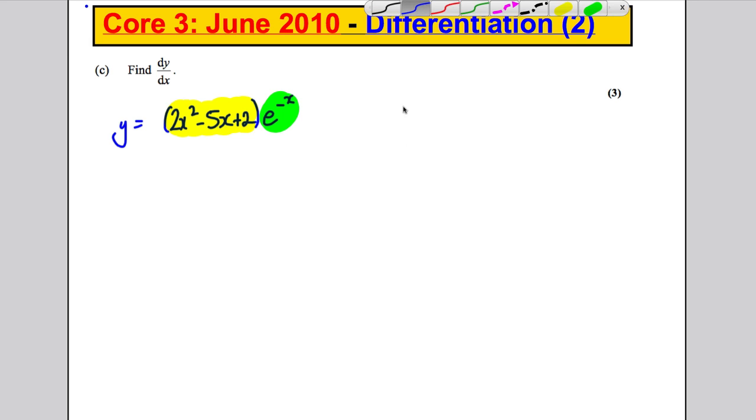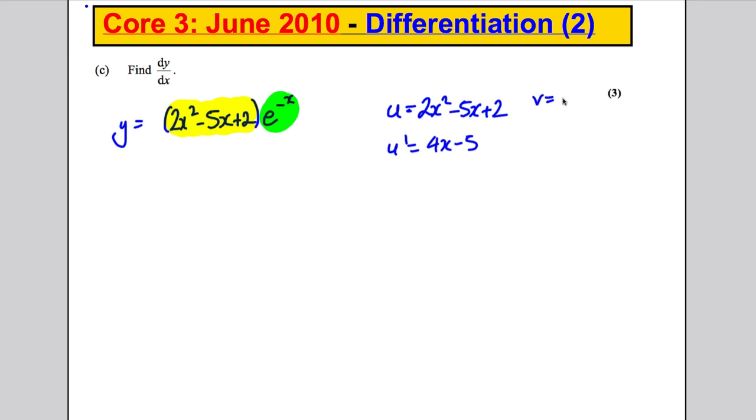So we've got u is equal to 2x squared subtract 5x plus 2. We've got u dash, therefore, is 4x subtract 5. We have our v is e to the negative x, and therefore our v dash is negative e to the negative x.